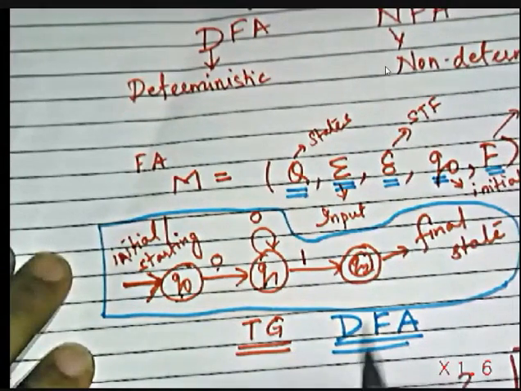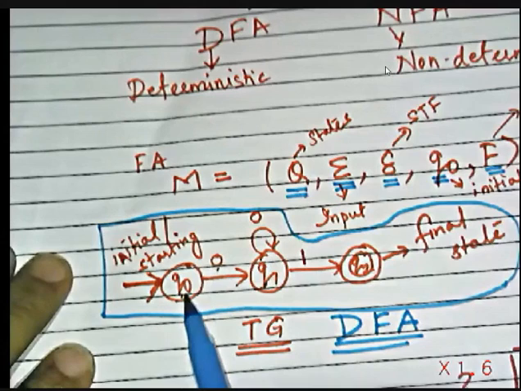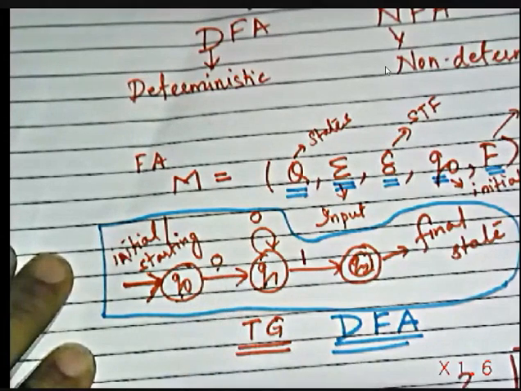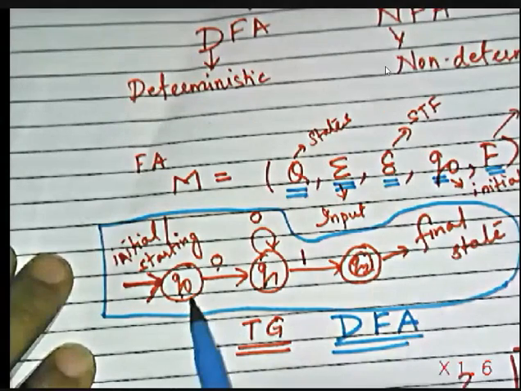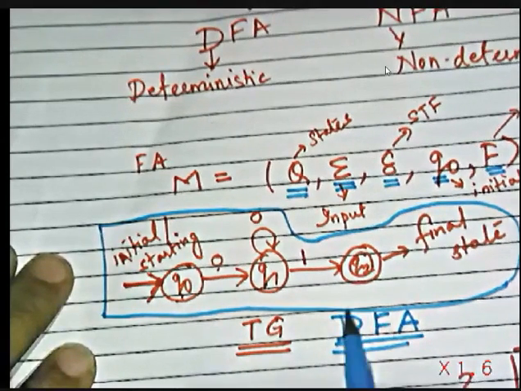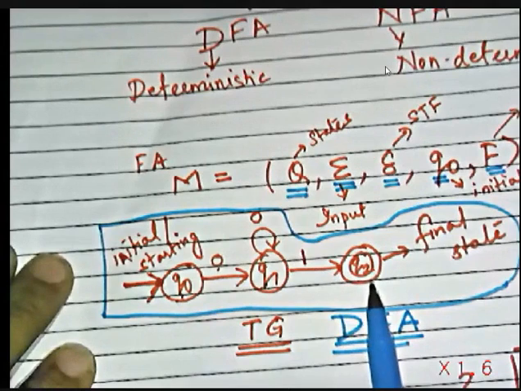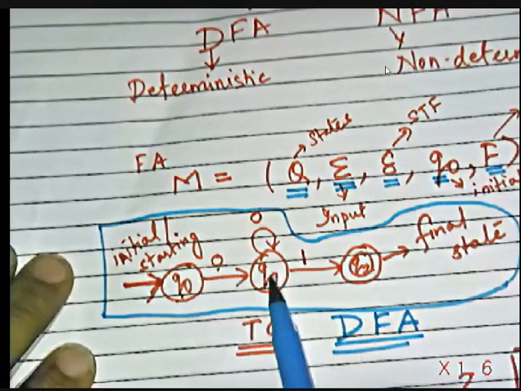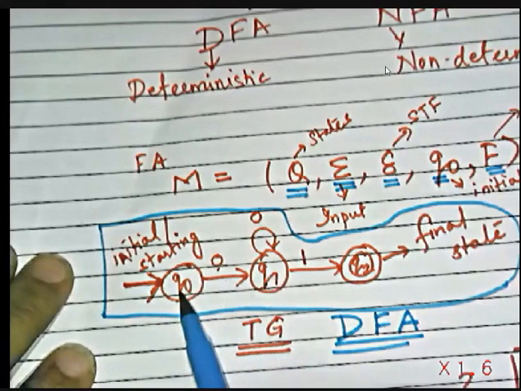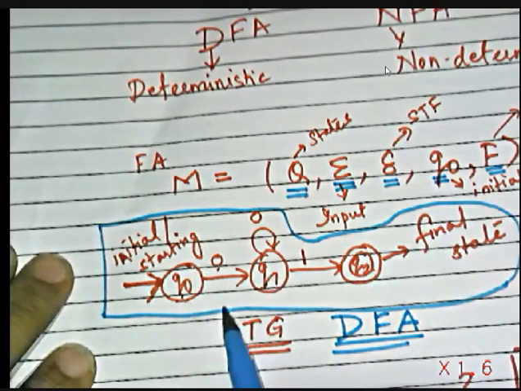Now the question arises, why is this named deterministic? Because it is determined that if I get a particular input 0 for the current state Q0, I have to move to a single state. But suppose there is one more arrow like this, Q0 to Q2. Then there is a problem: whether it should move from Q0 on 0 to Q1 or to Q2.